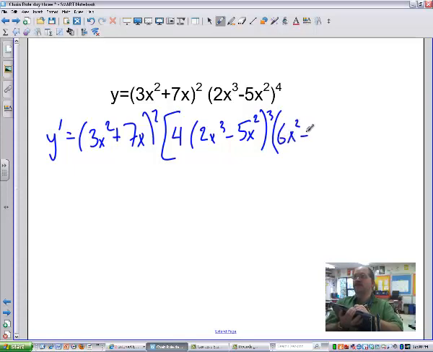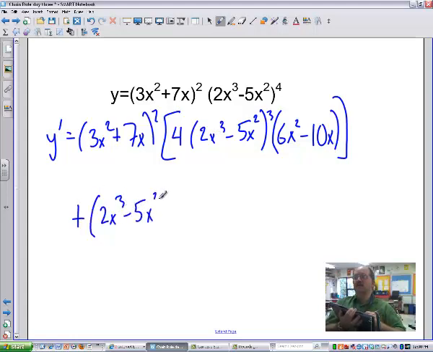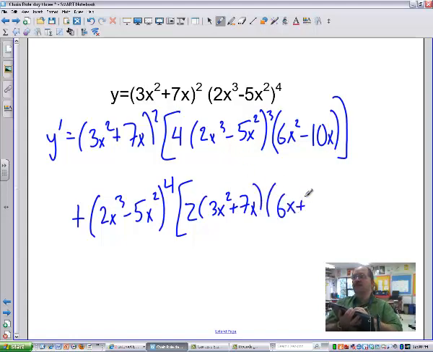The derivative of 5x squared is 10x, and so that's the first times the derivative of the second plus the second, and so we just write down the second times the derivative of the first, and so the derivative of the first, again, it's something squared, so the derivative of something squared is 2 something to the first power, and we don't write down the first power, times the derivative of that something, 6x plus 7.